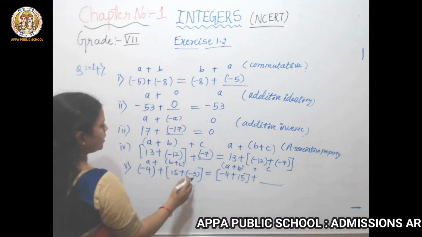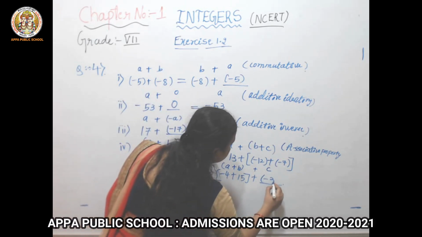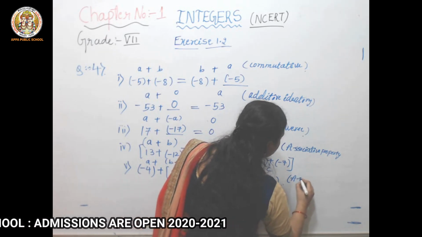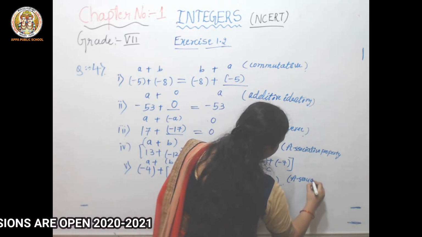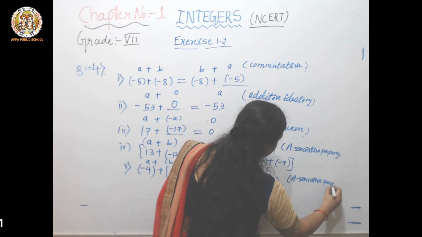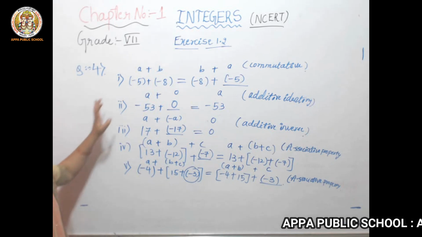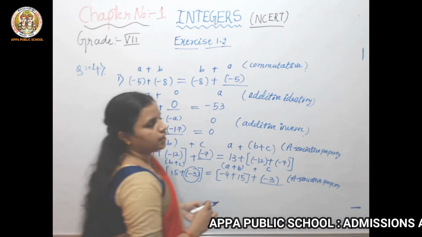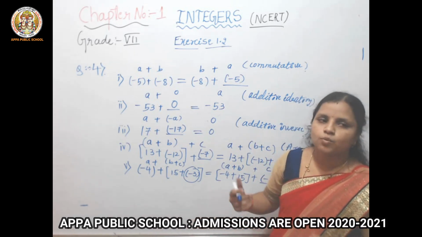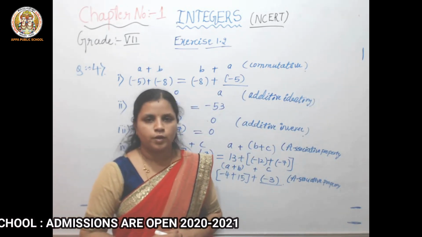What is the value of c here? This is minus 3. So what should be written here? Minus 3. Which property is it? Associative property. See how we use the properties in filling the blanks. With this, we completed exercise 1.2. In the next class, we will discuss exercise 1.3.